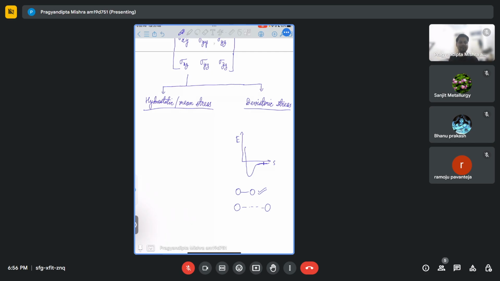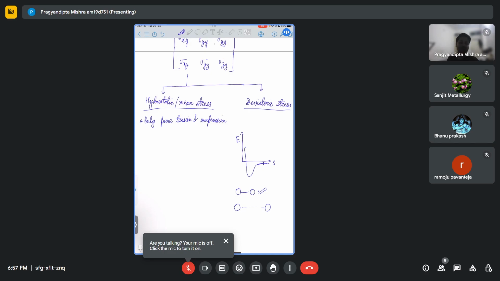Fracture. Yes, the string will snap. From the perspective of mean stress or hydrostatic stress, which consists of only pure tension and compression, you will not have anything after elastic. You will have elastic and then just fracture.